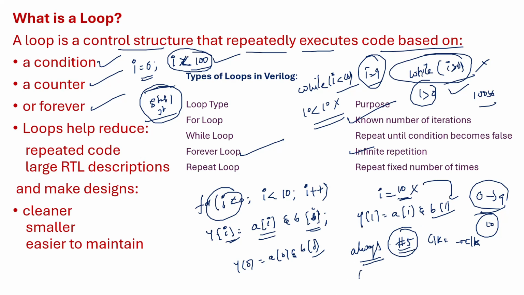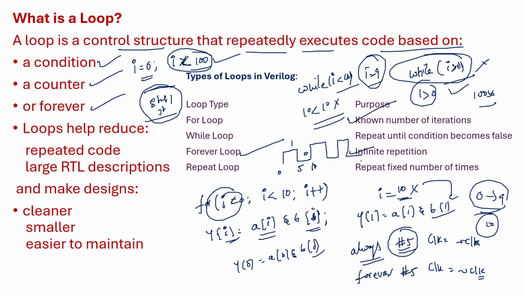Similarly, forever also executes infinite times. Forever #5 and then clock equal to negation of clock. That is the delay. A 5 second delay means your clock starts from 0 and ends at 5. That is the positive cycle, and then the negative cycle, from 5 to 10, again 0. Every 5 seconds it toggles your clock.